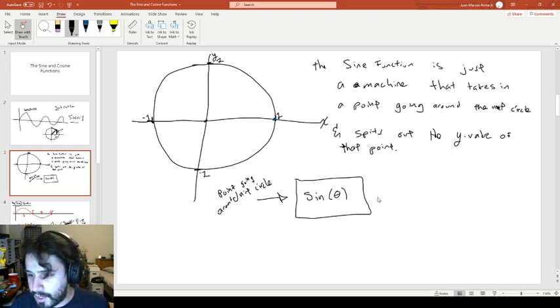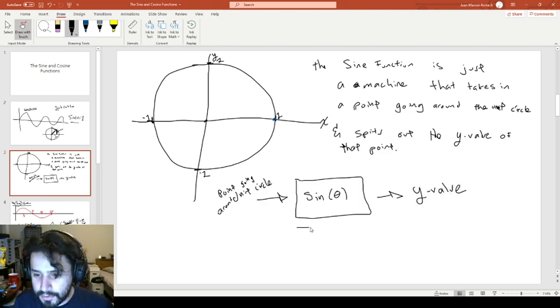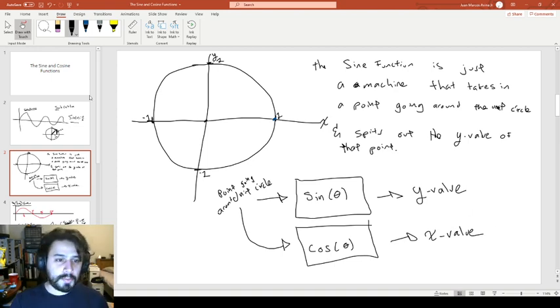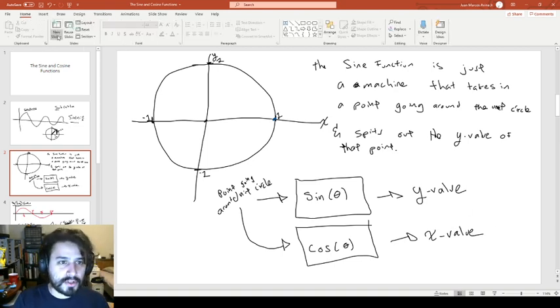And it's going to spit out y value. Similarly, the cosine function is going to be another machine here. It's going to take the same input, the point going around the unit circle, and that's going to spit out the x value. Right? So let's plot out what these functions are doing.